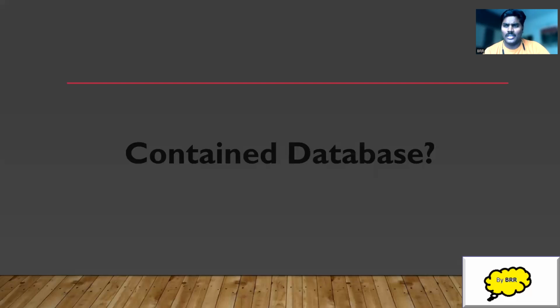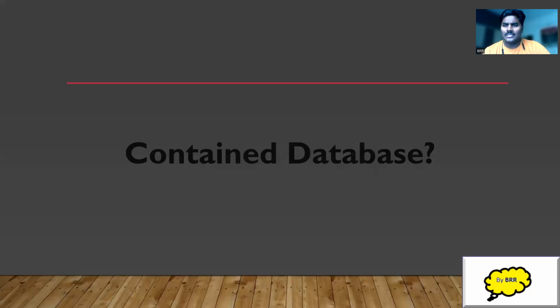If you wanted to create a contained database in SQL Server, the first step was to configure that SQL Server instance to support contained databases. You just set enable contained databases to true so that the contained database relevant configurations are enabled.